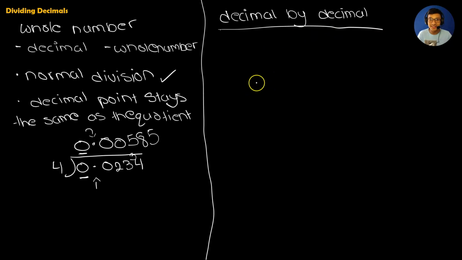Now let's look at decimal by decimal. What we know for decimal by decimal is that the key point is we have to change the divisor to a whole number.